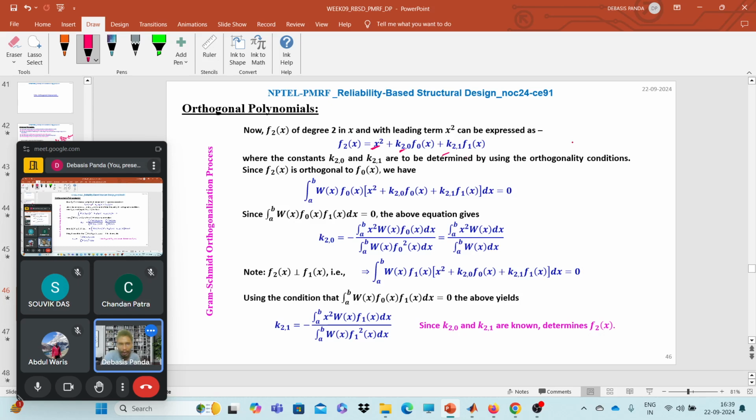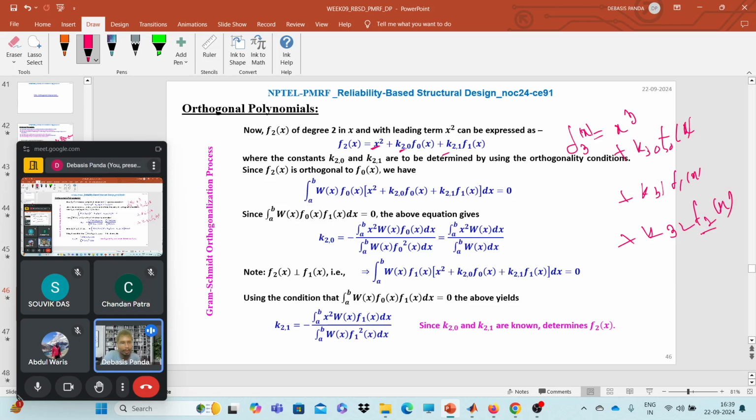Now if we have f3 polynomial, if we want to consider f of x, like x cube as the leading term, then k30 f0 plus k31 f1 x, plus k32 f2 x.